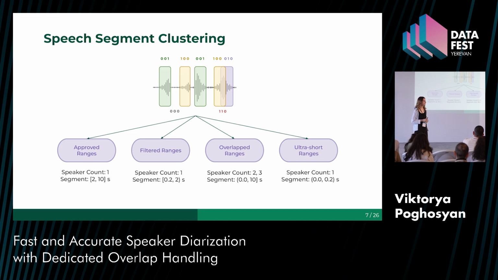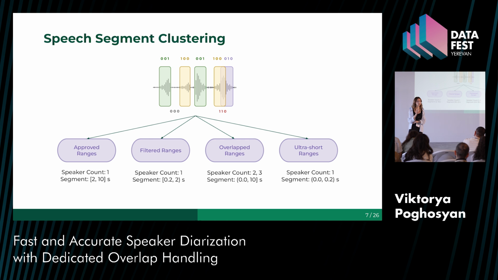Okay, and the other one, filtered ranges? Filtered ranges have duration between 0.2 to 2 seconds, and they are processed after the approved ranges. Just naming. So from 2 to 10 seconds, you assume that it's enough for good identification of a speaker, and if you have only one speaker, that's why you call it approved. And if it's less, then maybe it's not that good.